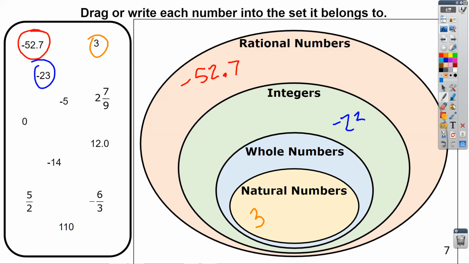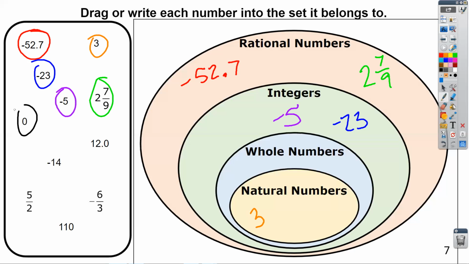Good, integer. Negative 5. Good. 2 7/9. Where did fractions show up? Good, rational numbers.